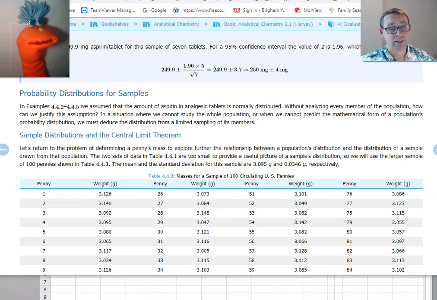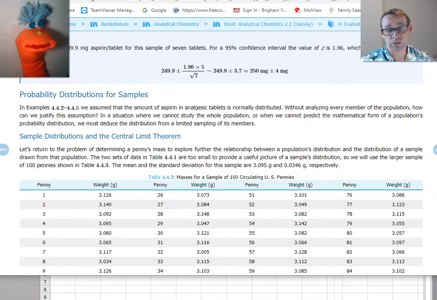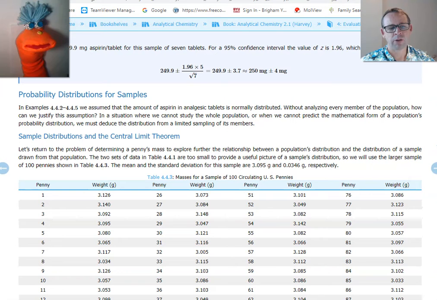All right, so we've talked a little bit about statistics already, and now we're going to look at the probability distributions for samples. We kind of expect most sample sets or most populations to have a normal distribution range.